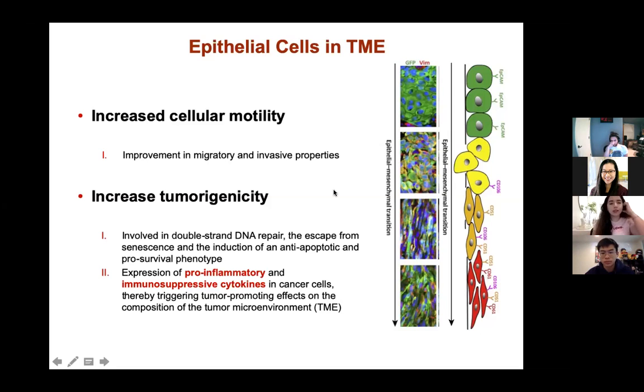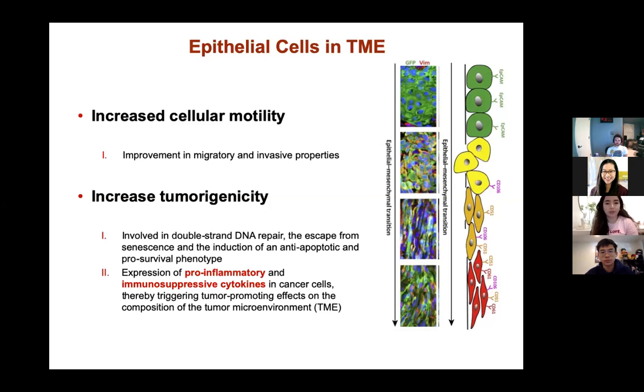And what this does, as we went over, is improve the migratory and invasive properties, so a lot of the cellular motility, and it also increases tumorigenicity as a whole, because it's involved in double-strand DNA repair and induction of anti-apoptotic and pro-survival phenotypes within the cell.